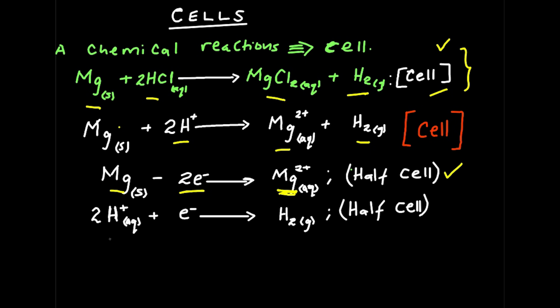On the other side, the hydrogen ions gain 2 electrons, becoming hydrogen gas, and this is the other half cell. If we combine the two, we get a full cell.